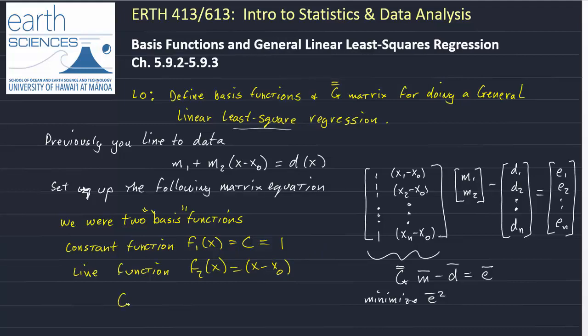And so we can describe G as containing two columns, each with each function evaluated at every point of x. They're basis functions because they make up the basis of the functions that we fit with our function coefficients.